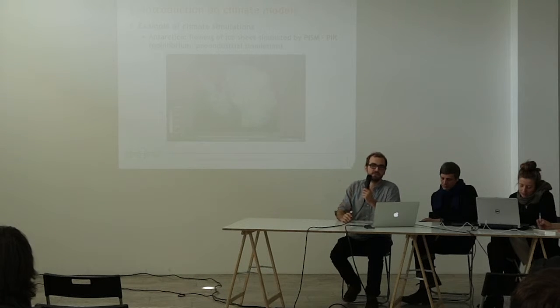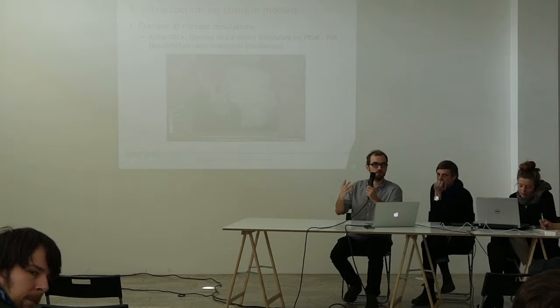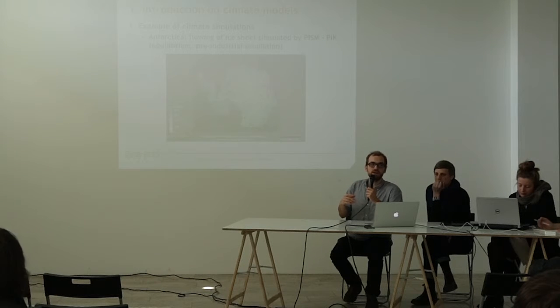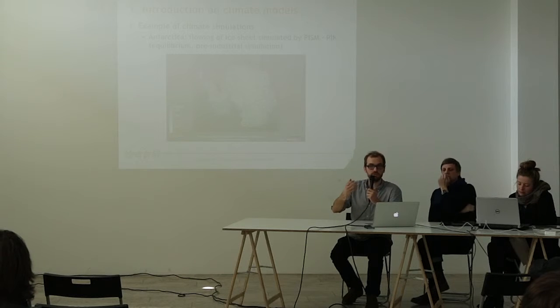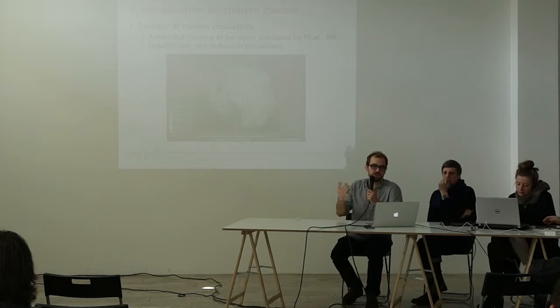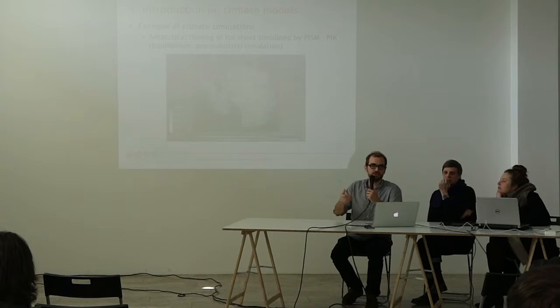So one of these IPCC reports, in 2007, projected that Antarctica will grow. Why? In a warming world. The reason was that a warming world also means a moister world, more moisture, so more precipitation, more snow, so growing. But that's just because they didn't include melting from the ocean, because the models were not able to do that yet. So you have to keep the two things in mind.